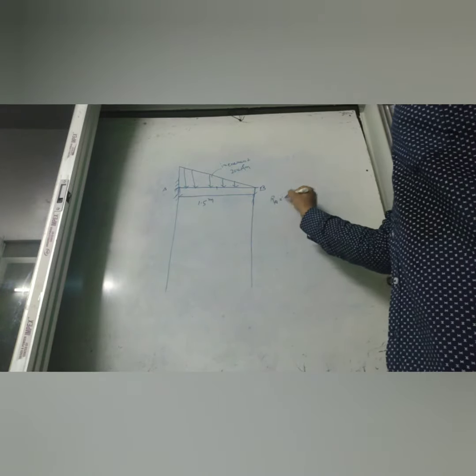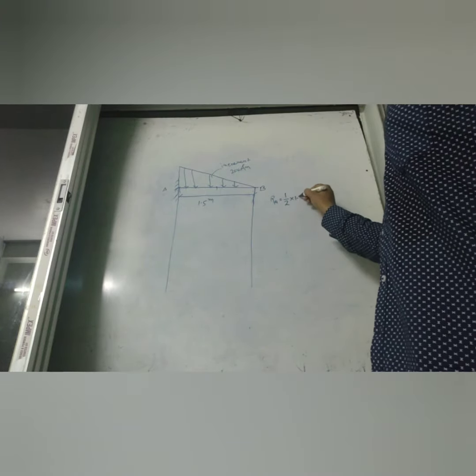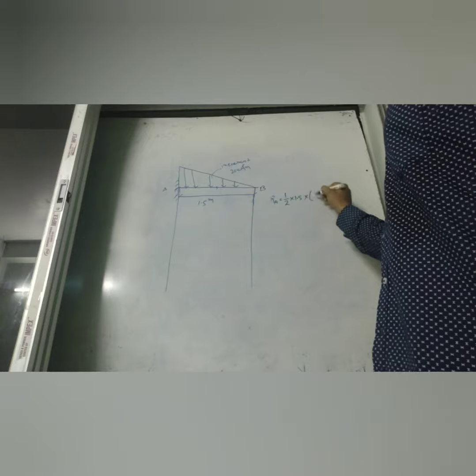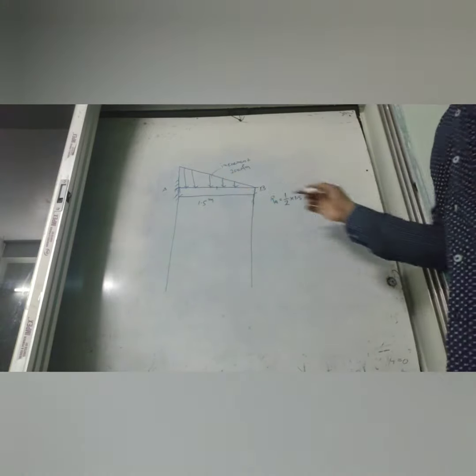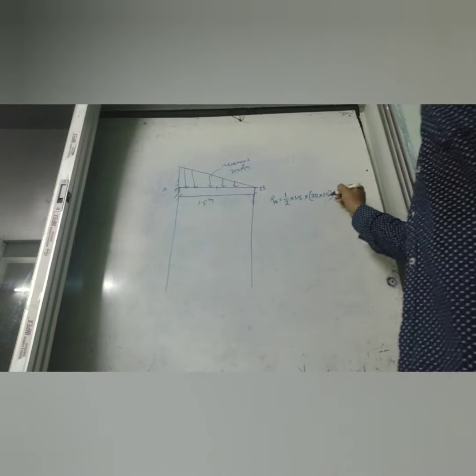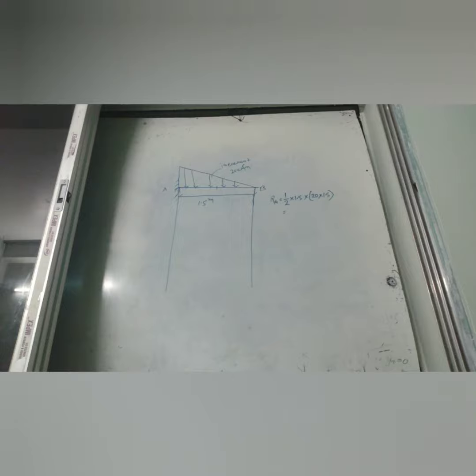The RA, what does it come to? Half into base into height. 20 kN per meter is the increment, so multiply with the 1.5 meter, because this is given, this will give us the total shear force.